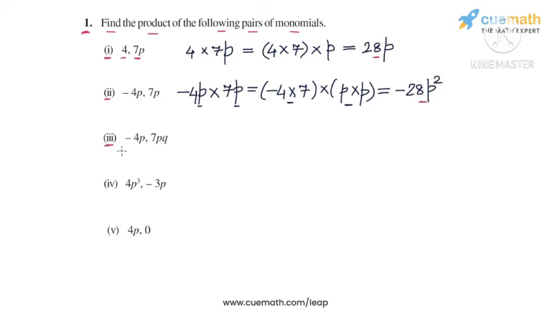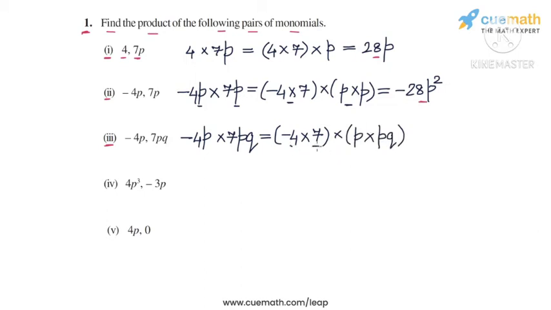In part 3 we have minus 4p and 7pq. These are the two terms we have to multiply. So minus 4p into 7pq. This is what we have to calculate. Once again we multiply the coefficients separately. So minus 4 into 7, and then the variable parts will be p from the first monomial and pq from the second monomial.